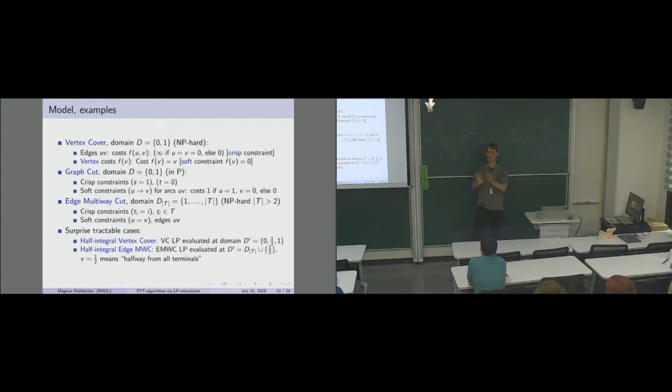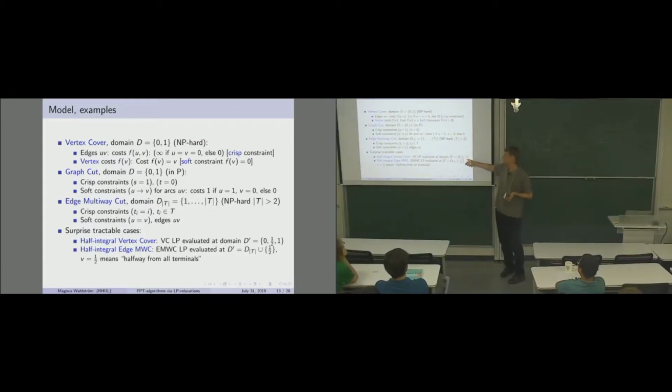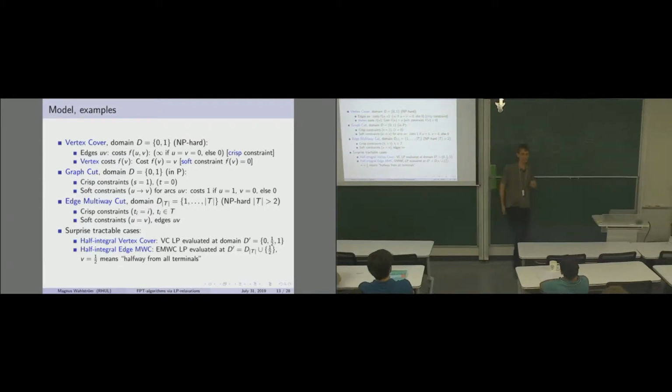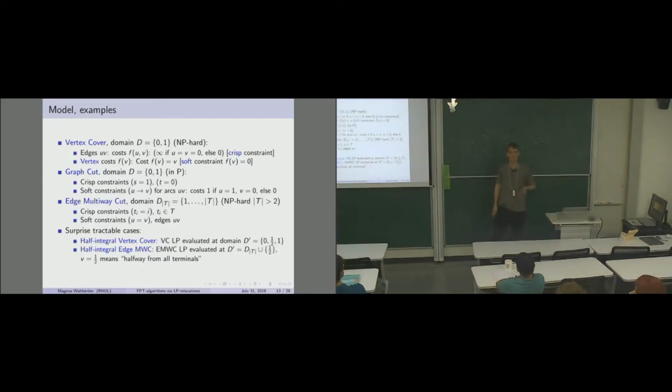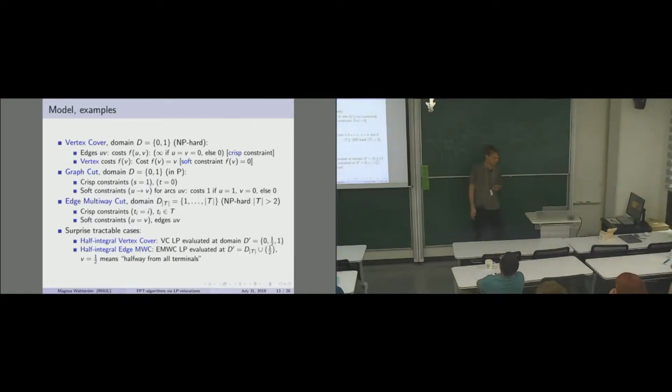It's too messy, it's too fractional, things are floating around, you don't get any crisp decisions about go here or go here. So in spirit, this is closer to the node multiway cut LP, which is a 2-approximation, and also happens to have the persistence property that lets us branch over it.